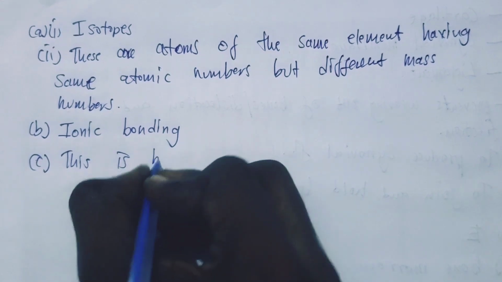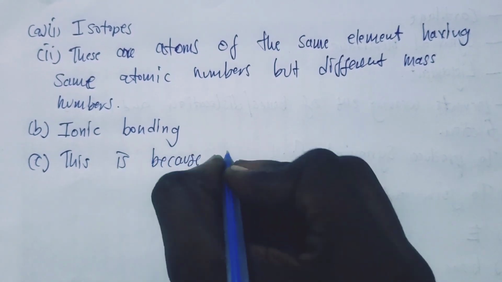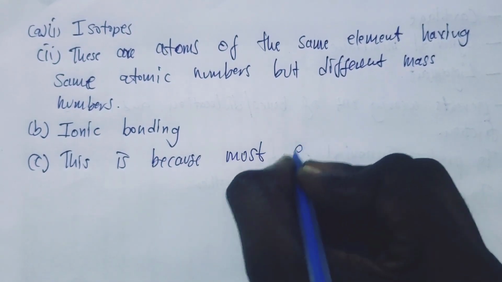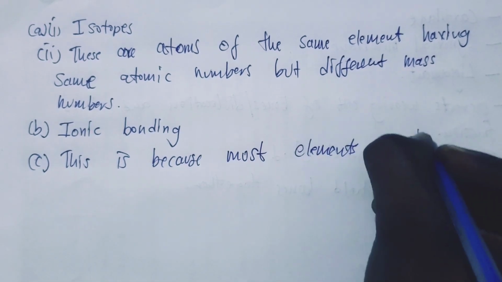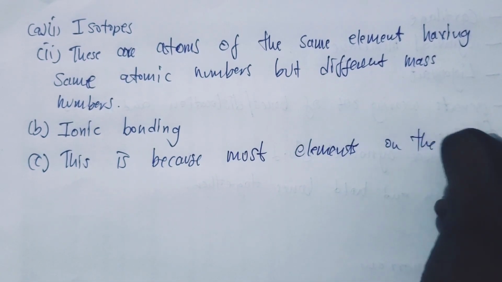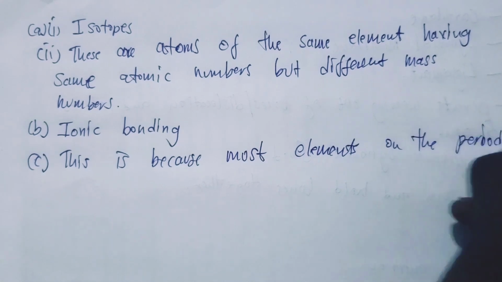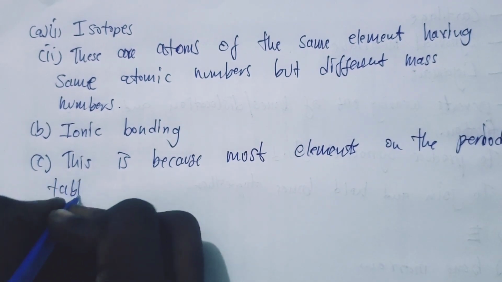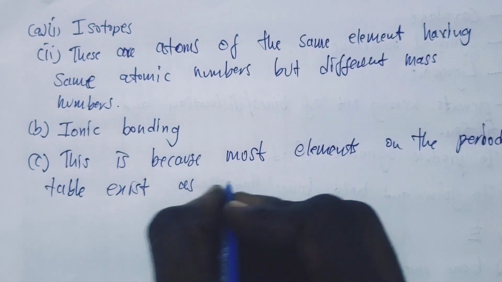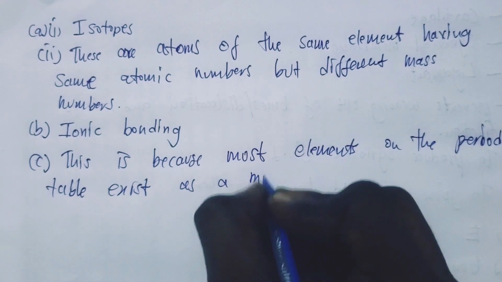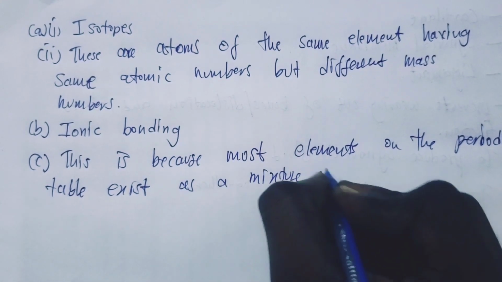So this is the reason you write: this is because most elements on the periodic table exist as a mixture of isotopes.